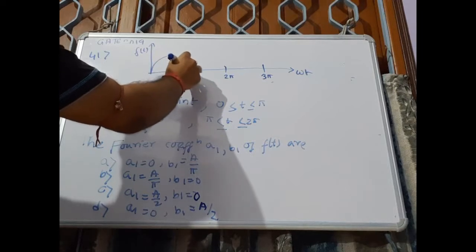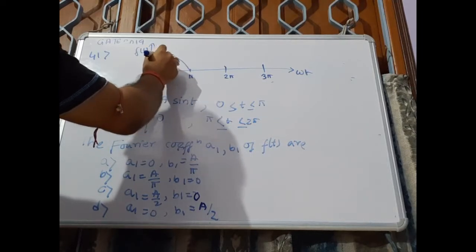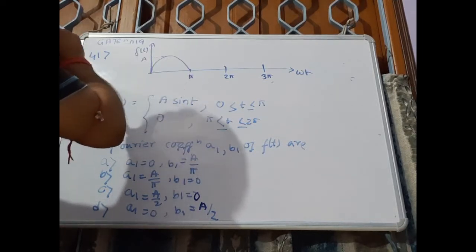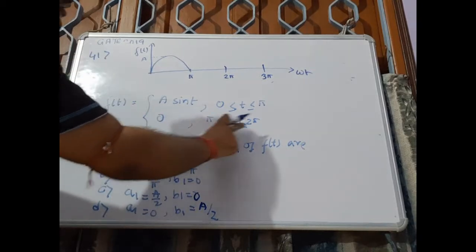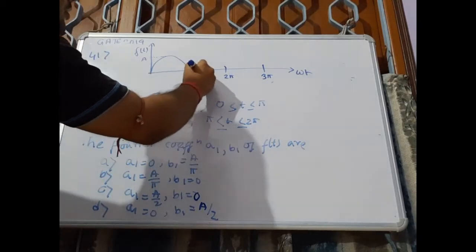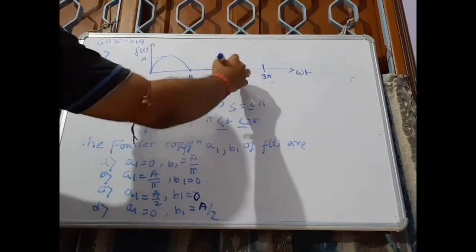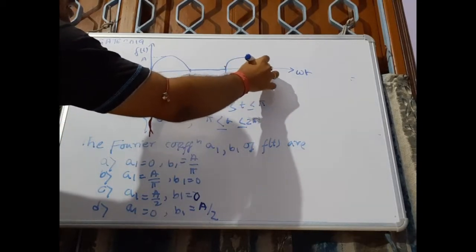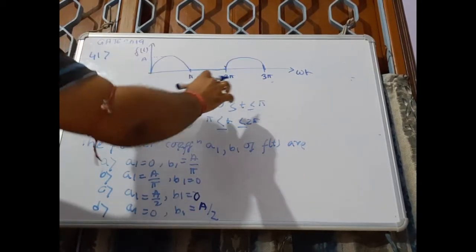So this value is a, and from pi to 2 pi this is 0, and this is a periodic signal, so it repeats like this.